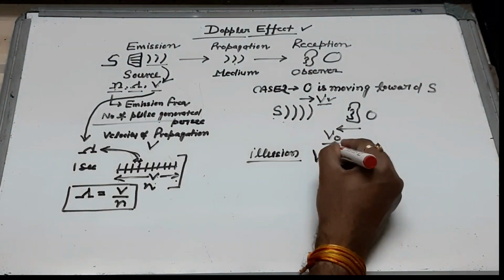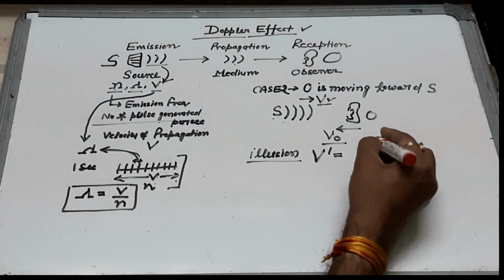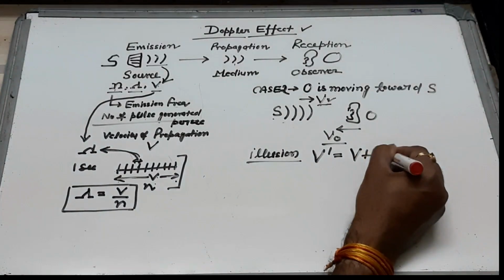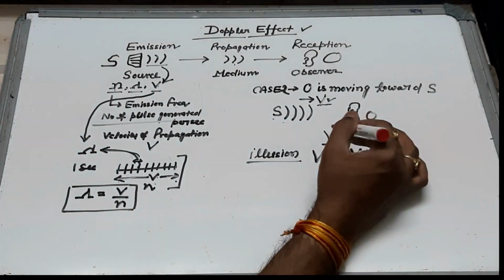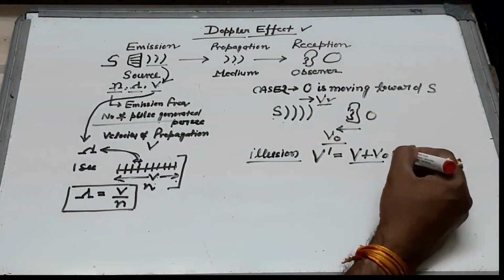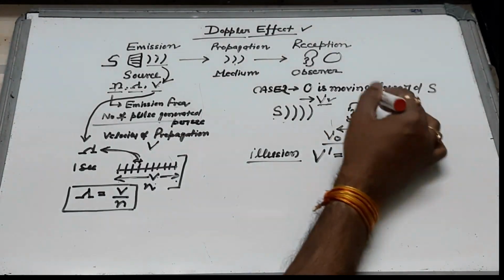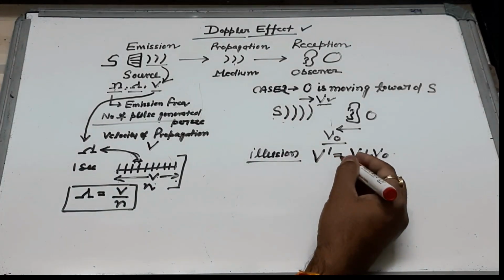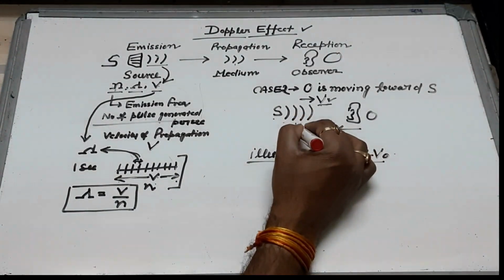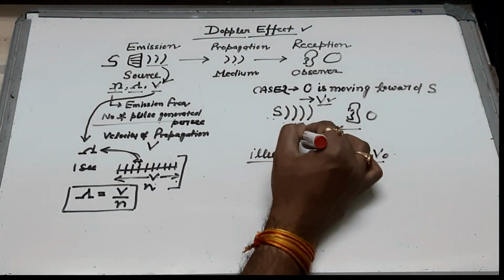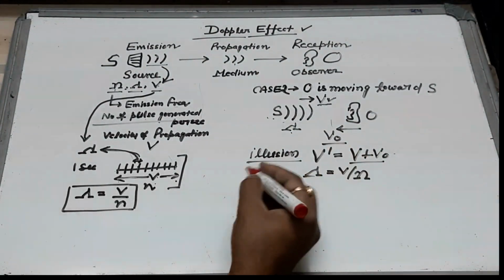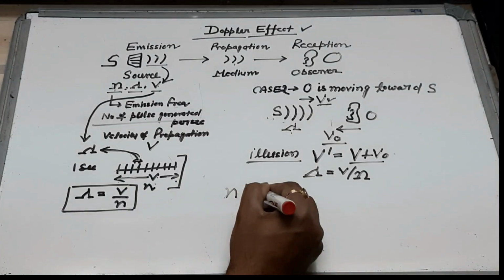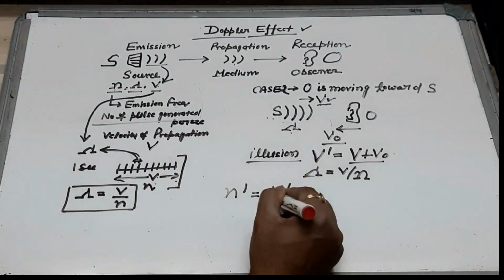That v dash we can write down. What v dash will be? v, absolute velocity of the wave, plus VO. Means observer's velocity will add here. That much enhancement of velocity, the observer has an illusion when receiving the sound. Means here velocity is changed. But here lambda will not change. Once source is not moving, lambda will be same. So a new frequency, what will it observe here? n dash is equal to what? v dash by lambda.